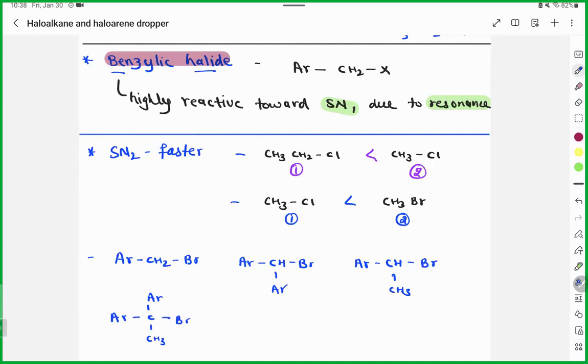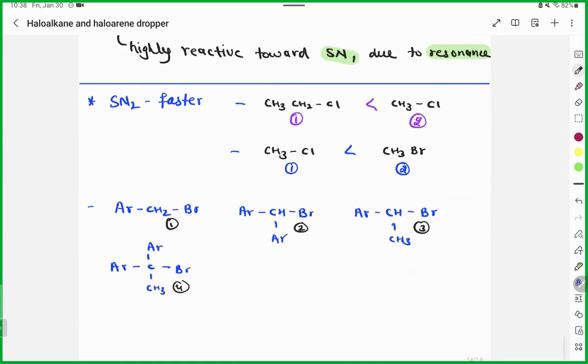These are the four molecules. You have to tell which one is most reactive for both SN1 and SN2. So SN2 first. For SN1, 1 is the most reactive, then comes 2, then 3 and 4. So 1, 2, 3, 4. For SN2, 1, 2, 3, 4.